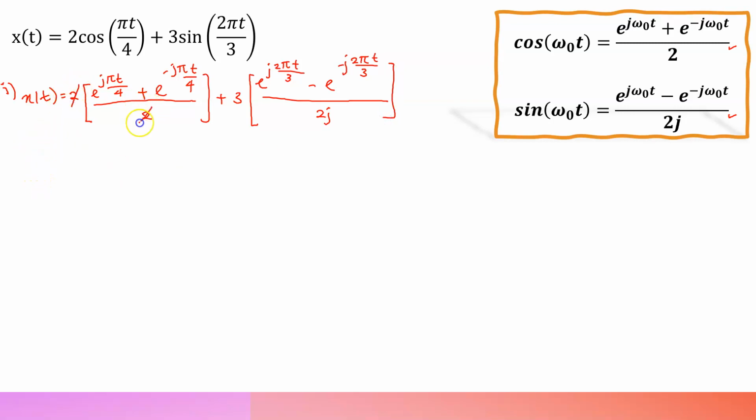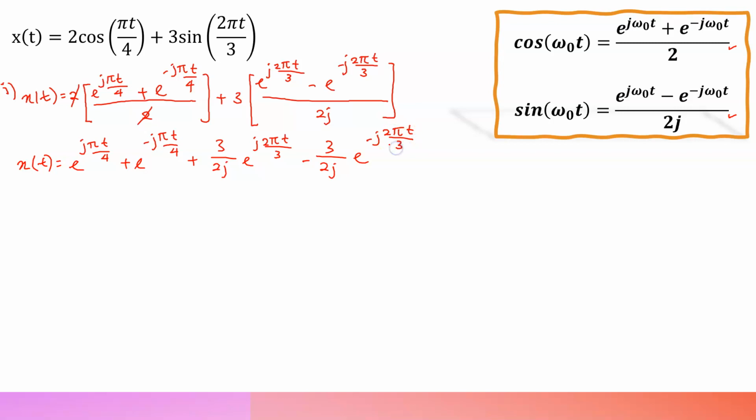Now this one can cancel out, and let's expand this signal. So we have e^(jπt/4) + e^(-jπt/4) + (3/2j) e^(j2πt/3) - (3/2j) e^(-j2πt/3).